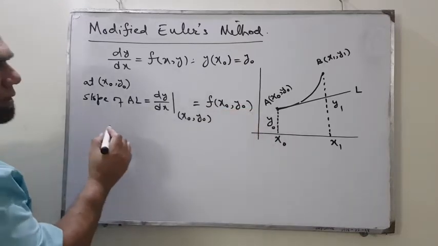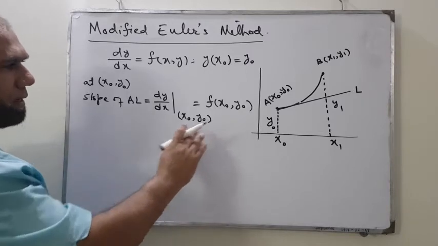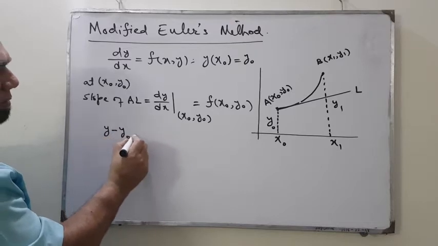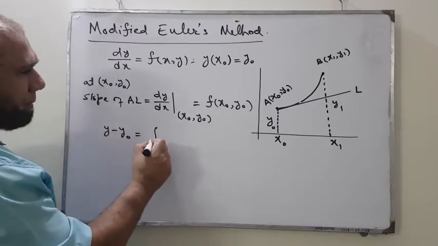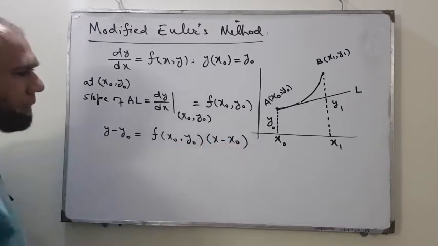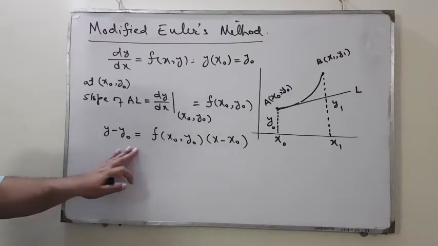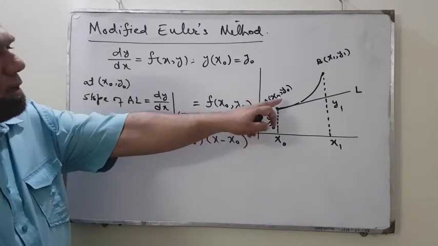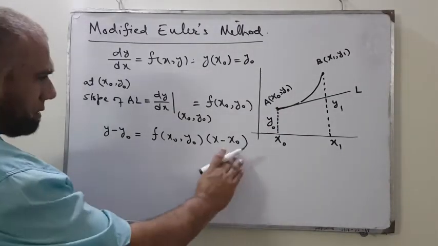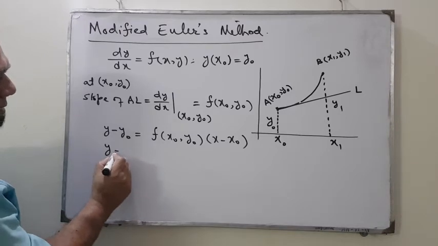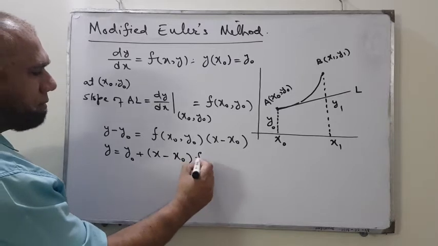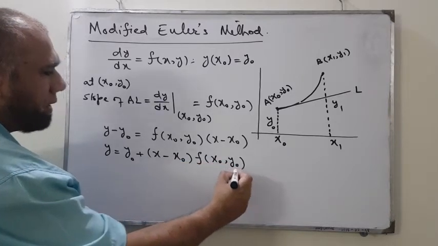So the equation of the tangent line AL is y minus y0 equals slope times x minus x0. Simplifying, y equals y0 plus x minus x0 times f of x0, y0.